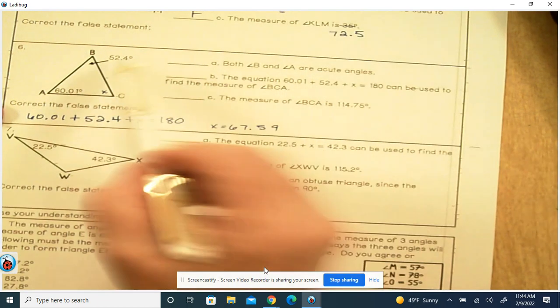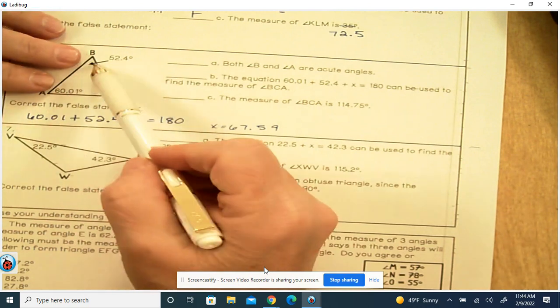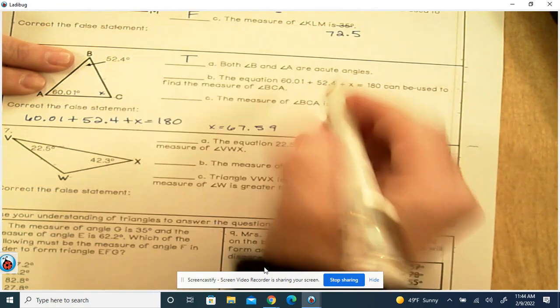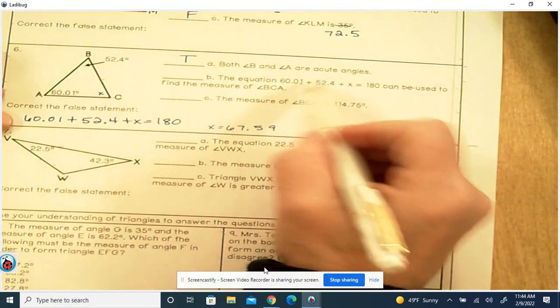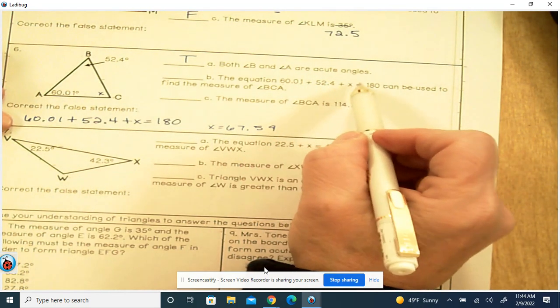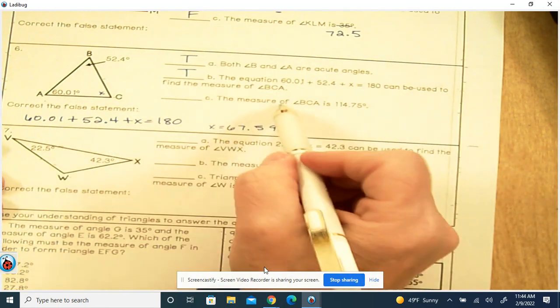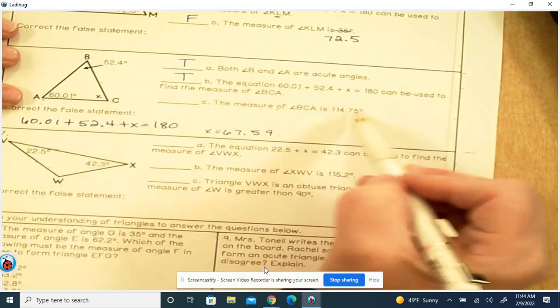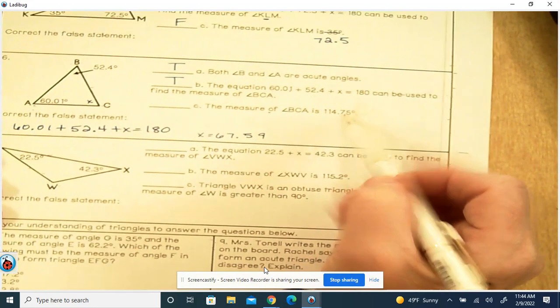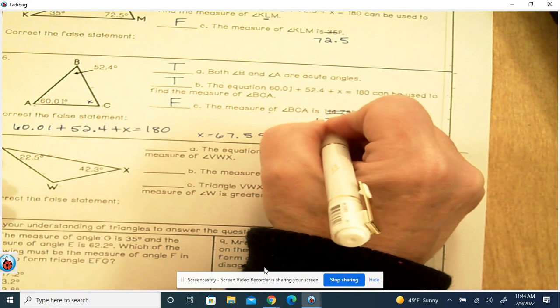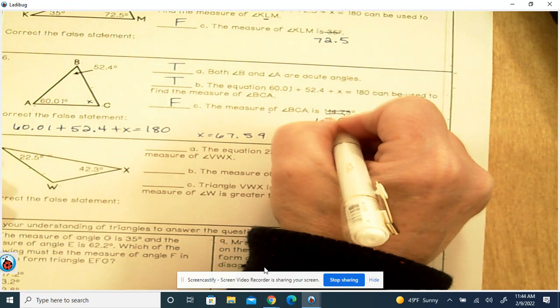So angle B and angle A are acute angles. That is true because acute angles are less than 90 degrees. The equation 60.01 plus 52.4 plus x equals 180 can be used to find BCA. That is true. The measure of angle BCA is 114.75. That is false because the measure of that angle is 67.59.